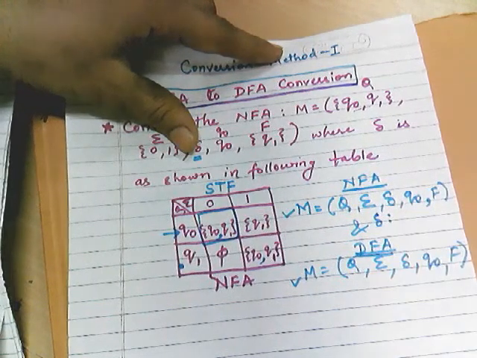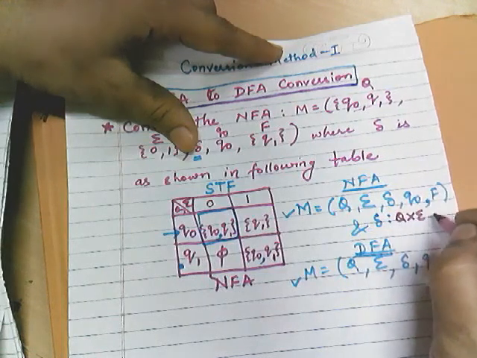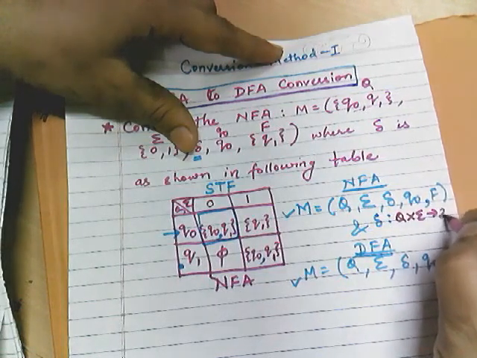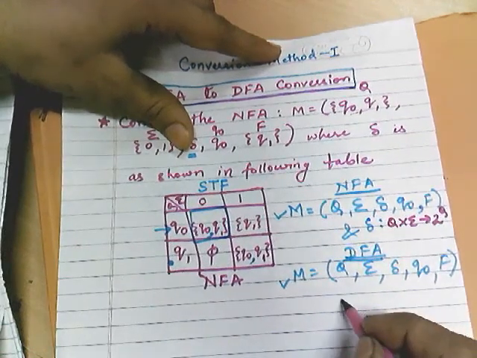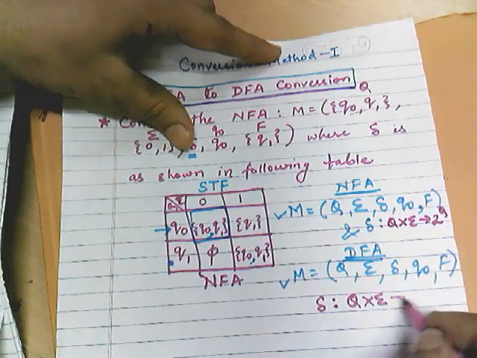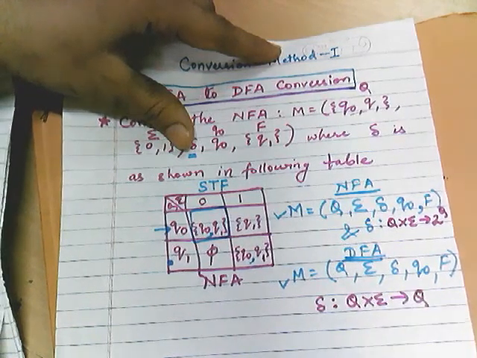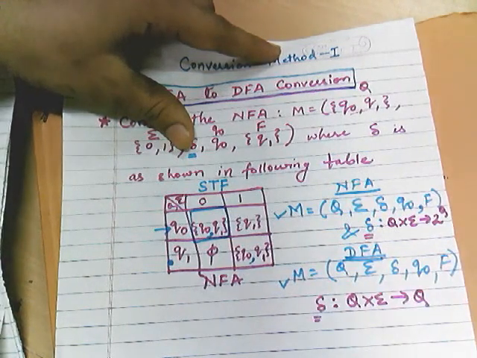In case of NFA, it is Q into summation giving you 2 raised to the power Q, a set of states, while DFA is giving delta which is Q into alphabet reaching a single state. So there is a difference in this delta function, right?